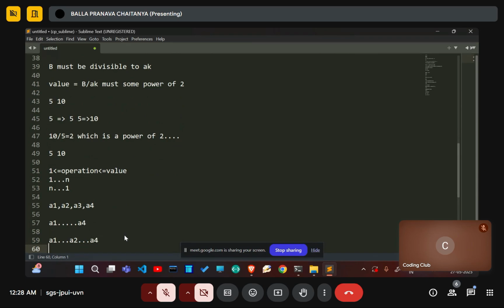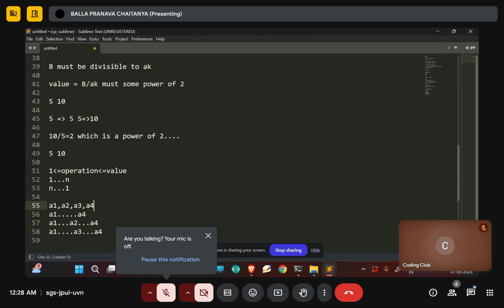So we'll consider each and every element that we can start with, and all the cases of possible building. Here only four cases are there because I've taken an array having only four elements. We'll find the maximum number of operations that can be used to make the array, and if k is less than or equal to that maximum, then the answer is possible. That is what we need to do.